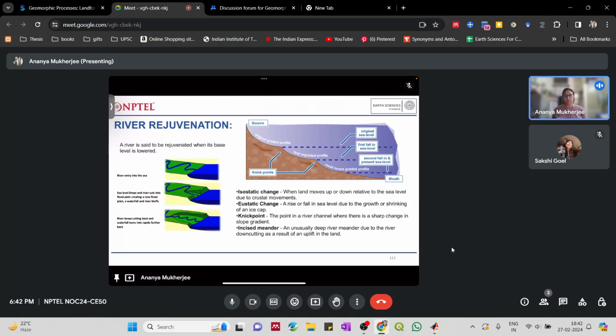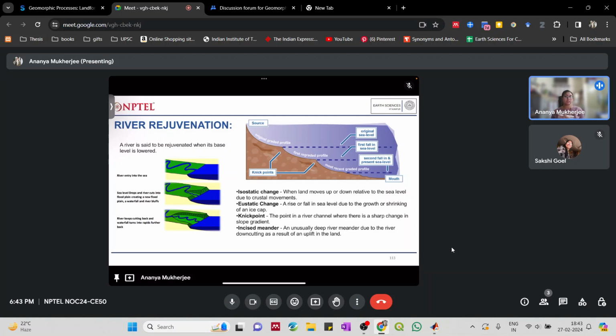Now we will come to another aspect which is called river rejuvenation, where the rate at which the erosion is happening can change. Okay, when it is said that it is being rejuvenated, its capacity to erode more increases.